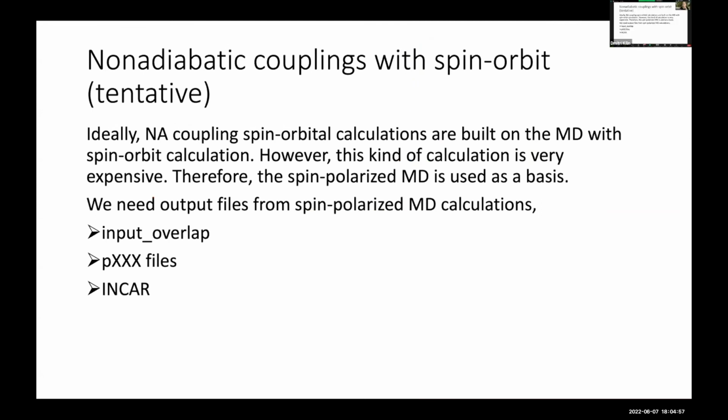Yeah, like you have to run this whole coupling calculation for the spin-polarized case before you run the coupling for the non-spin-polarized case? Yes, I am not sure, but I think we need the output from the spin-polarized calculations first, after the MD. Oh, okay.